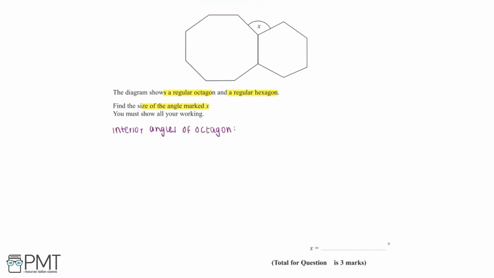Now the formula for finding the total interior angles of a regular polygon is equal to n minus 2 multiplied by 180, where n is the number of sides. And so for the octagon, n is equal to 8, and so n minus 2 multiplied by 180 is equal to 1080 degrees.